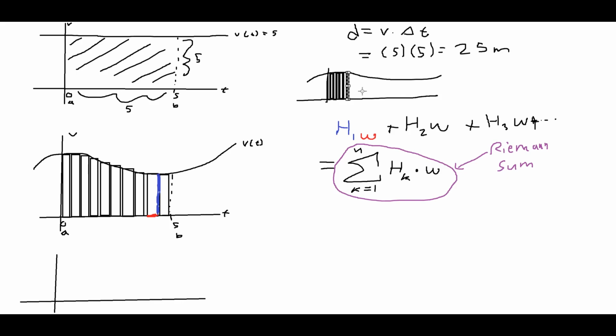And in fact, we can now rewrite this definition with a limit and say that you will approach the true area under the curve as the number of rectangles approaches infinity.